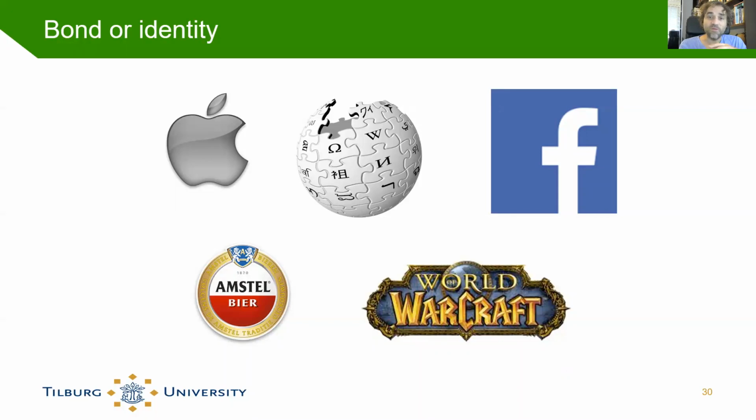World of Warcraft may be both. You can identify with World of Warcraft and still in your party identify based on a common bond. So you know each other and you know what everyone is good at. Someone is a barbarian, someone is a wizard. And Wikipedia is also identity-based. So you have no clue who works on Wikipedia, but if you contribute to Wikipedia, you do that because you feel part of the Wikipedia community.